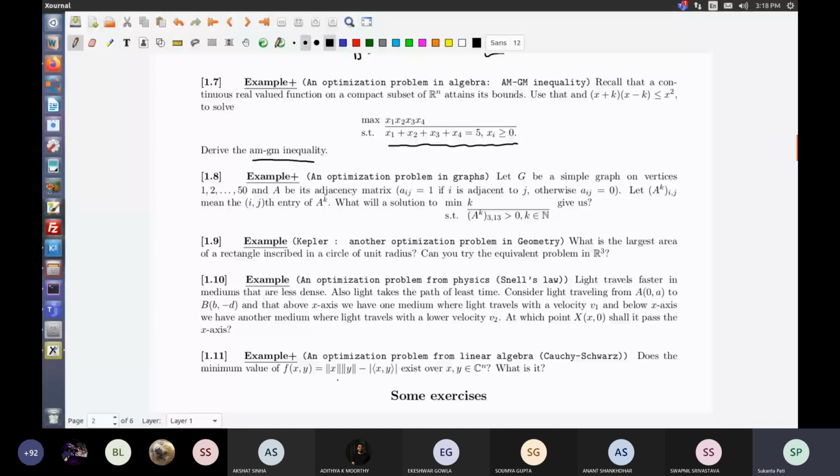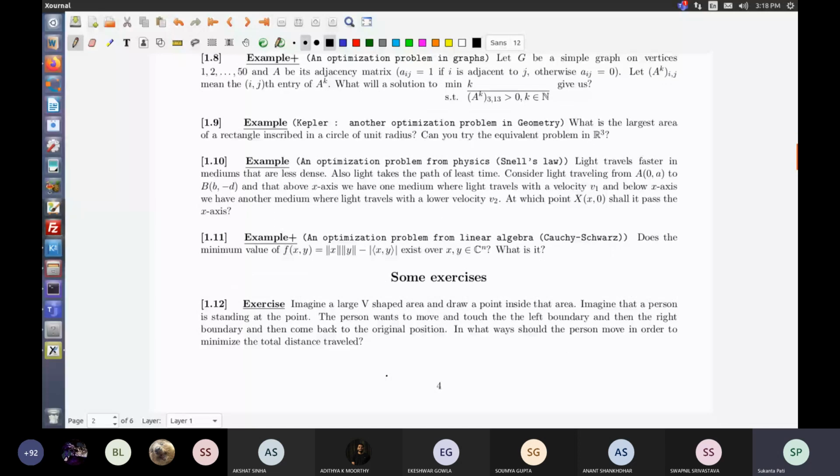The Cauchy-Schwarz inequality says that the absolute value of the inner product of x and y is always less than or equal to the norm of x times the norm of y, and if you want to take the minimum, then what do you get? Those are a few of the applications that we are indicating, and we'll see more as we keep on discussing. There are 2 or 3 exercises that I have over here. Those who are interested can try them.